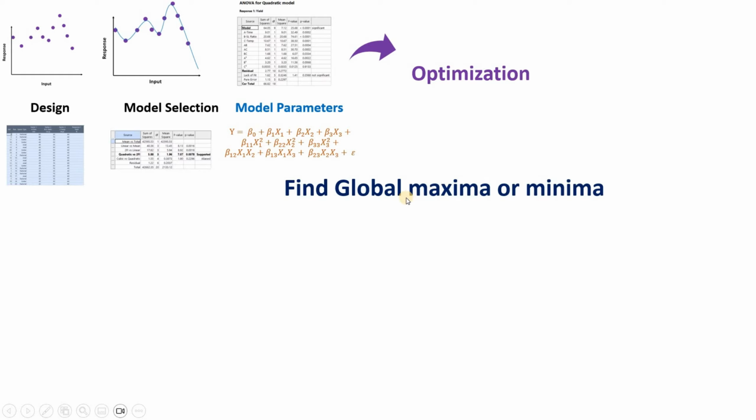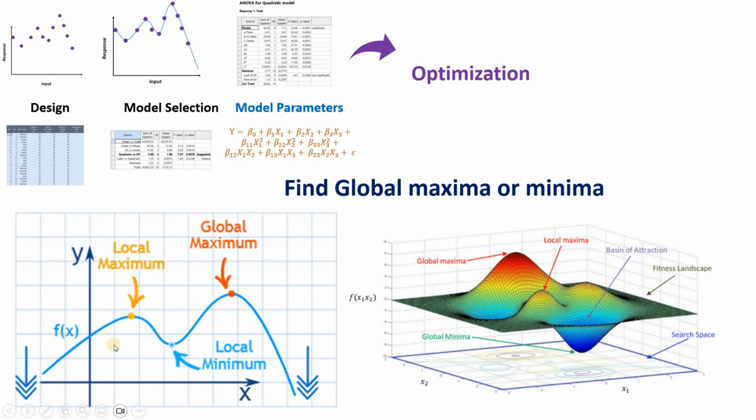Either you require the maximum or minimum of your responses. Based on the fitted equation, it will plot 2D and 3D graphs to explain, and it will try to find whether you need a global maxima or global minima. It will do the analysis and find the optimum condition for your design.